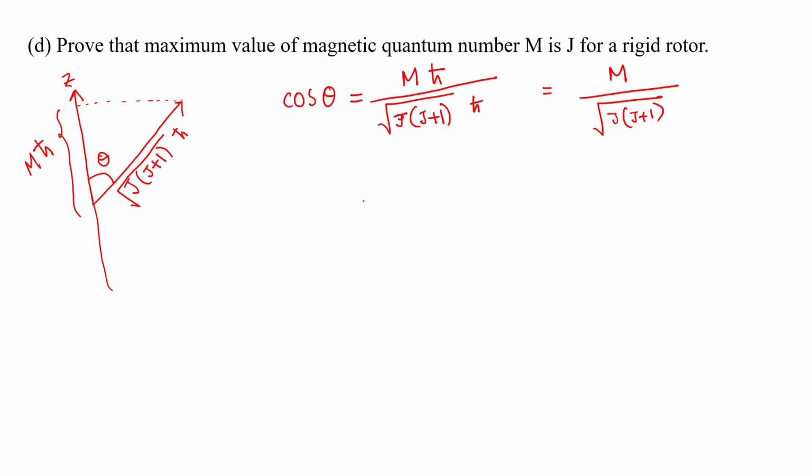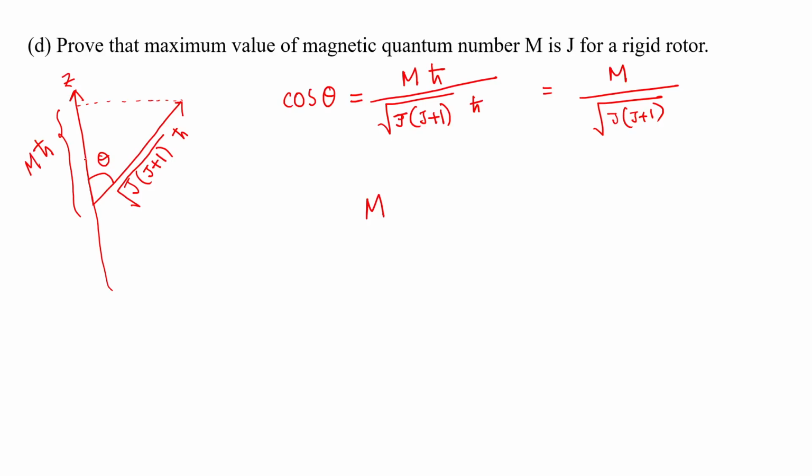So let us take that value. If we take that value, then you will see that if theta is 0, then only this is going to be equal, right?